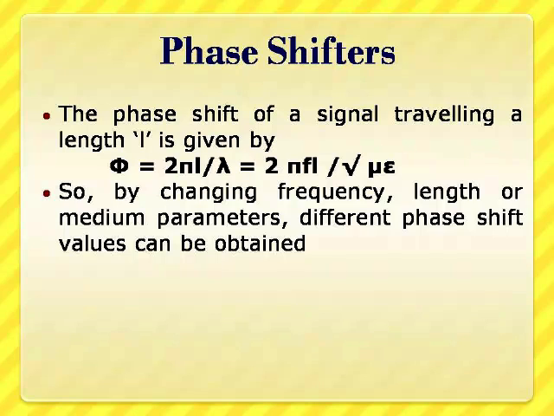So in this we have 4 parameters by which we can change the phase shift. They are F, frequency; L, the length of the transmission line between input and output; mu, permeability; and epsilon, the permittivity. So by changing any of these parameters, we can get different amounts of phase shift.